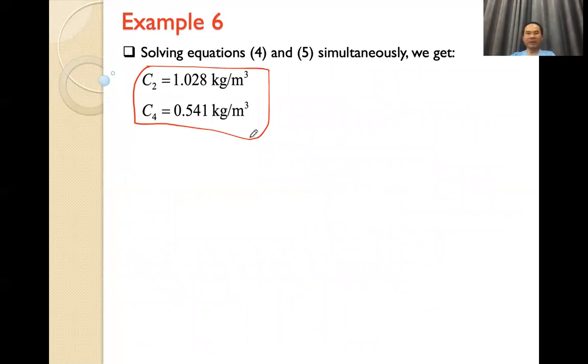This is reduced because some solute is diffused across the membrane to the other side. The concentration C3 is 0, and the concentration C4 on the water side is increased because some solute diffuses across the membrane, and some water diffuses across the membrane to the plasma side, something like this.